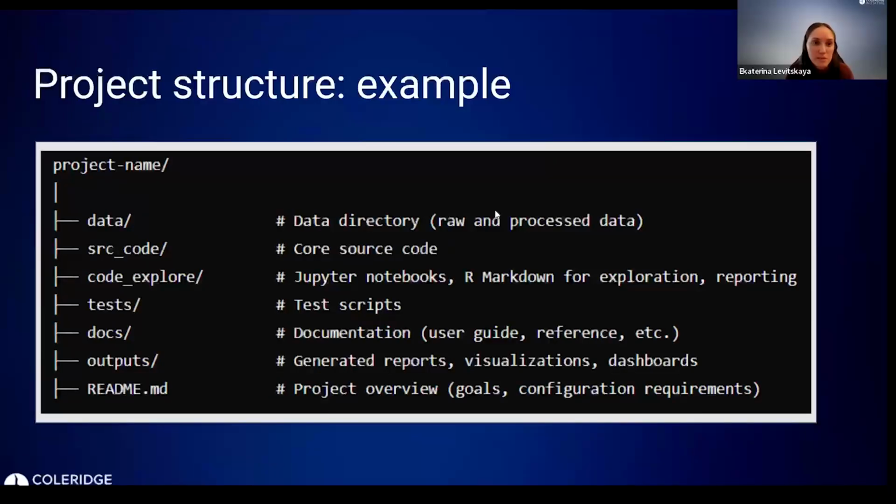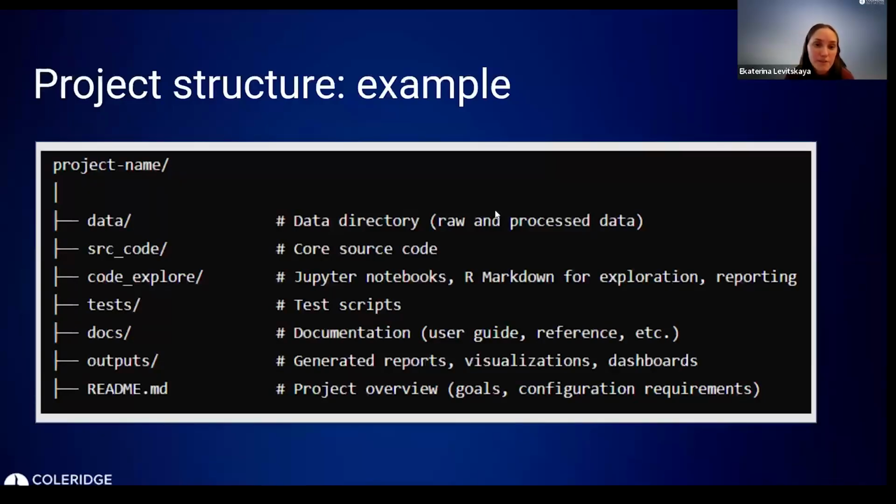It will contain documentation for each main function in the core code base, and automated packages help create those already. And finally, having a separate folder for the output, which contains the main outputs of the analysis, reports, visualizations, and dashboards, is also a good practice, just to keep those clean and separate.